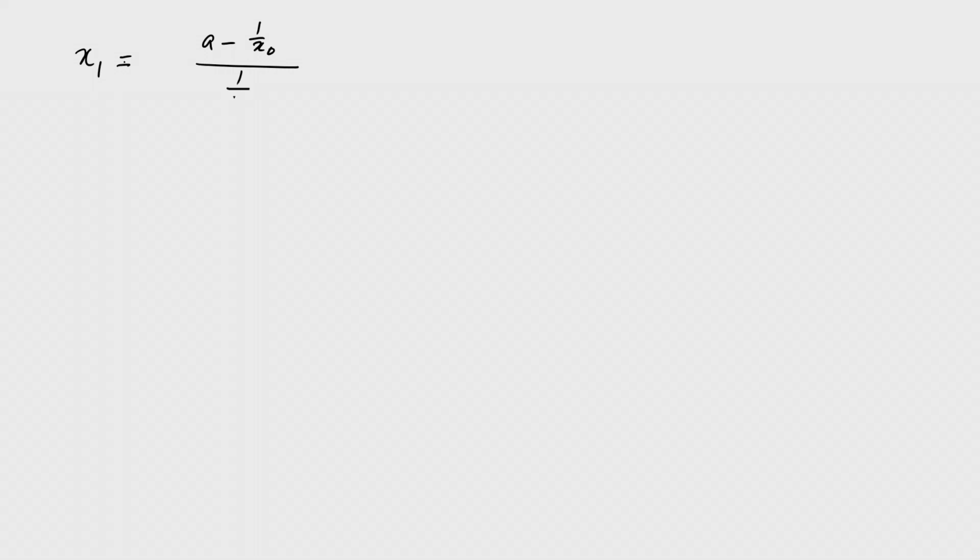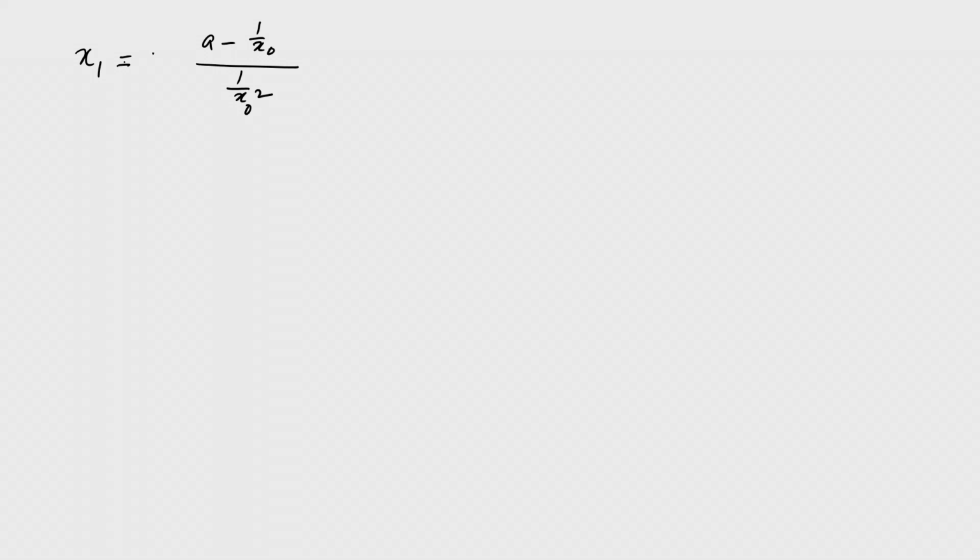So, x 1 is equal to x 0 minus (1 by x 0 minus a) divided by (1 by x 0 square). So, the numerator is f of x 0 and the denominator is f prime of x 0.